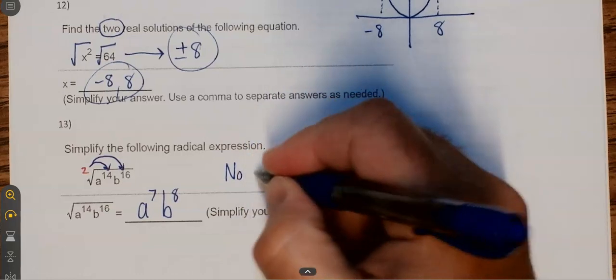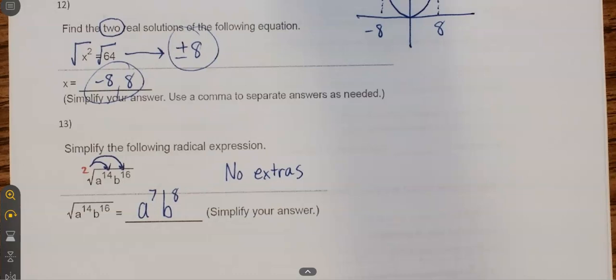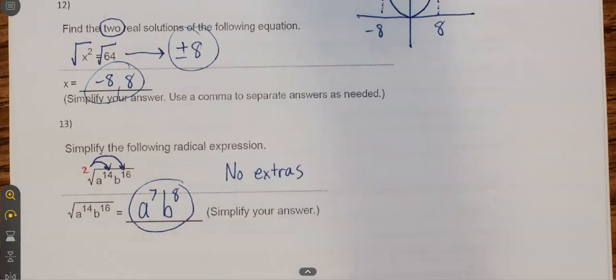No extras. Any questions about that when you have no extras left over? It's just perfect and we can go straight to simplifying?